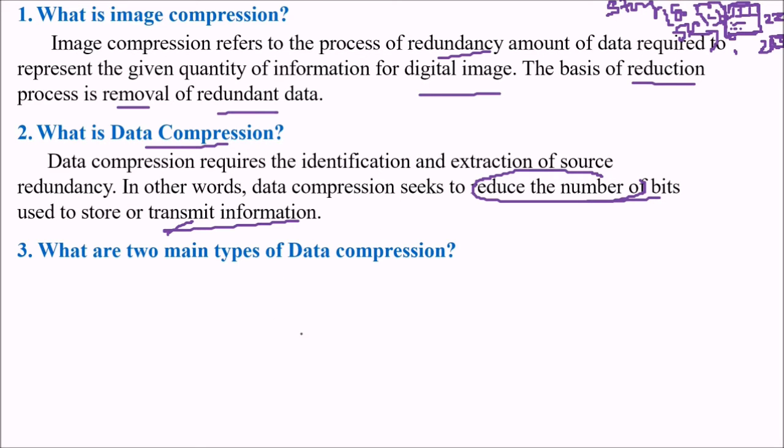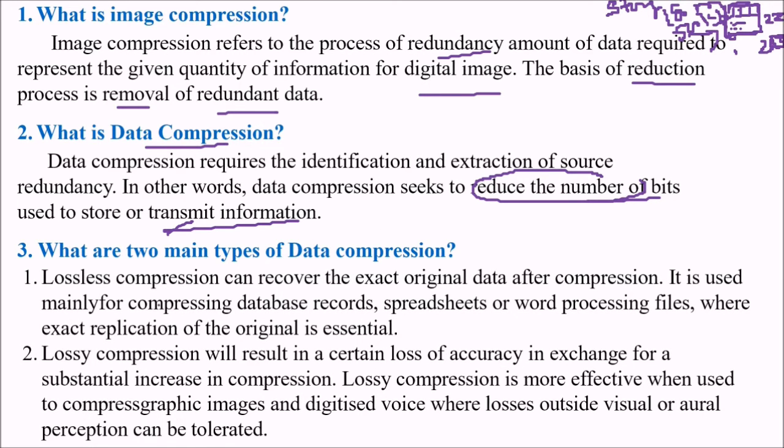What are the two main types of data compression? There are two types of data compression: lossless and lossy compression. In lossless compression, we can recover the exact original data after the compression. So it is used mainly for compressing database records, spreadsheets, or word processing files where exact replication of the original is required or essential.